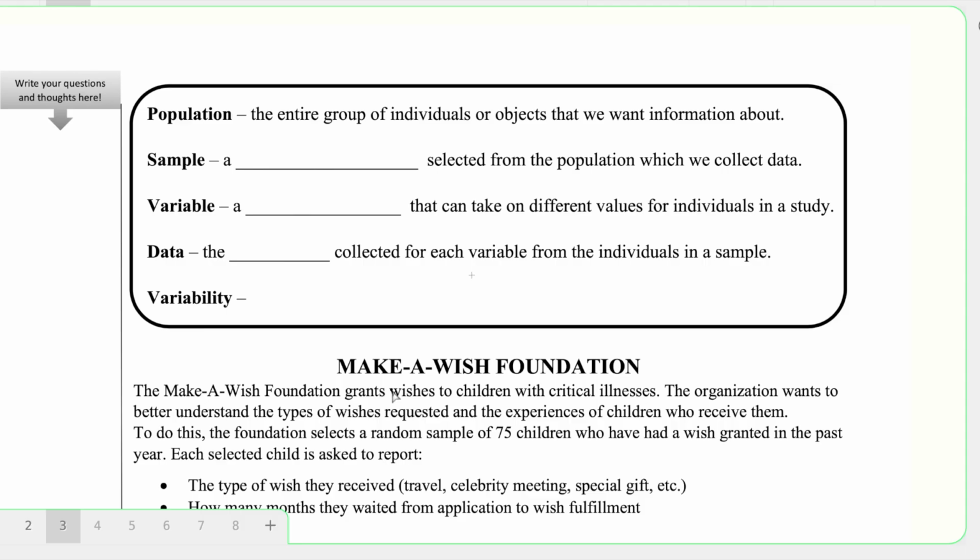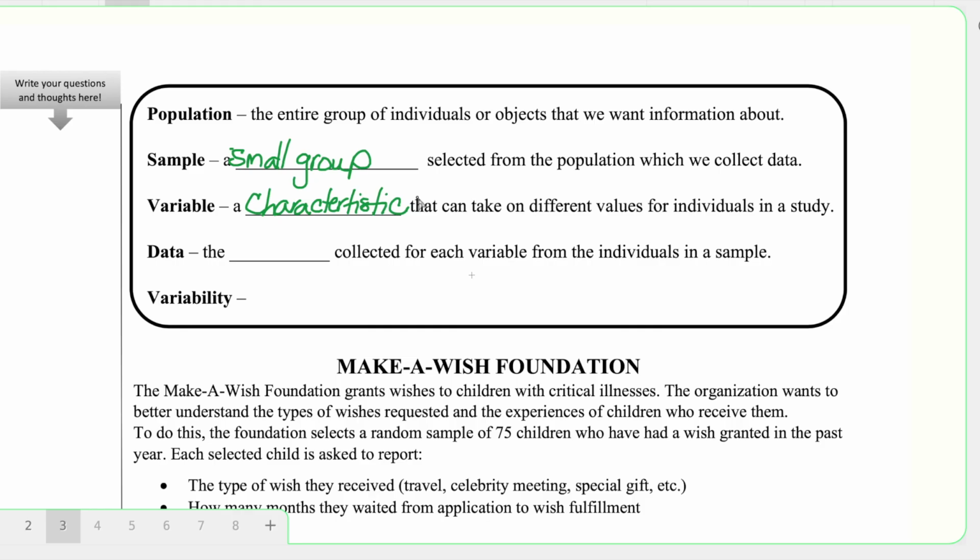You got some vocabulary words here. Population: the entire group of individuals or objects that we want information about. A sample is a small group selected from the population from which we collect data. A variable is a characteristic that can take on different values for individuals in a study.